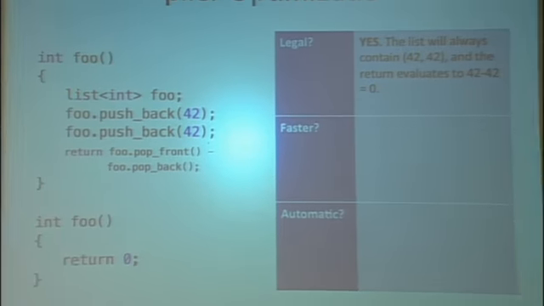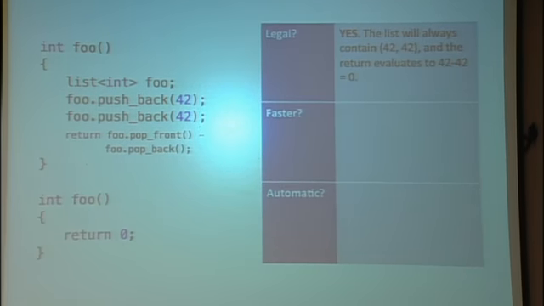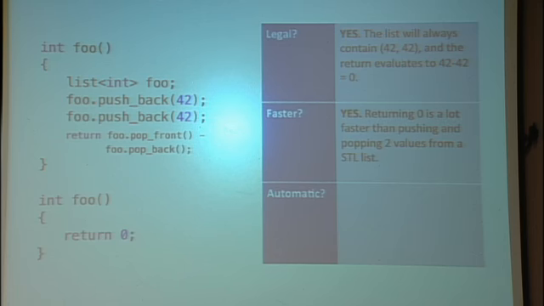Now, is it faster? How many people think that returning 0 is slower than pushing 2 things up? Depends upon how big 0 is. That's true. Okay, so yes, obviously it's faster to just directly return 0.